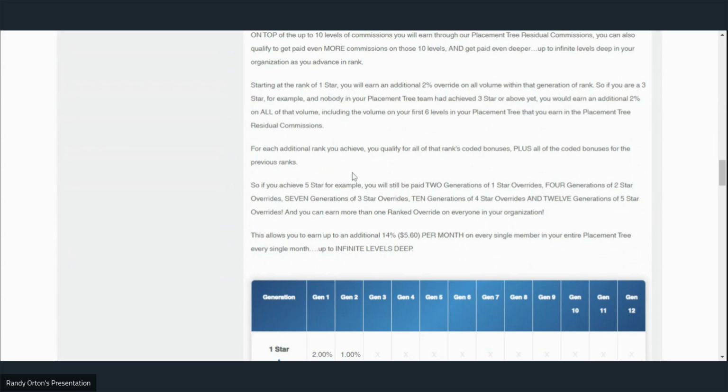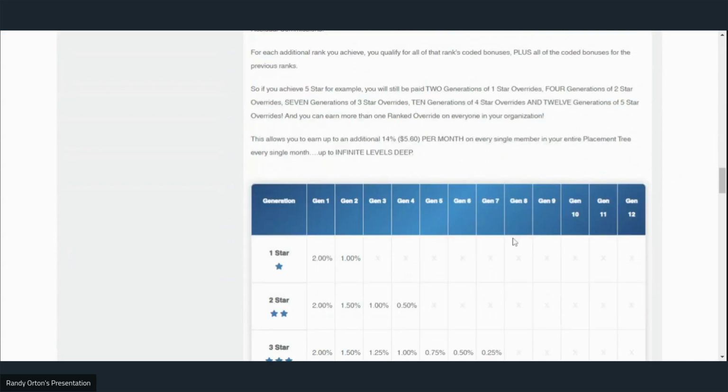So for each additional rank you achieve, you qualify for all the ranks coded bonuses. That's all the coded bonuses for the previous ranks. So if you achieve 5-star, for example, you're paid 2 generations of 1-star overrides, 4 generations of 2-star overrides, 7 generations of 3 stars, 10 generations of 4 stars, and 12 generations of 5-star overrides.